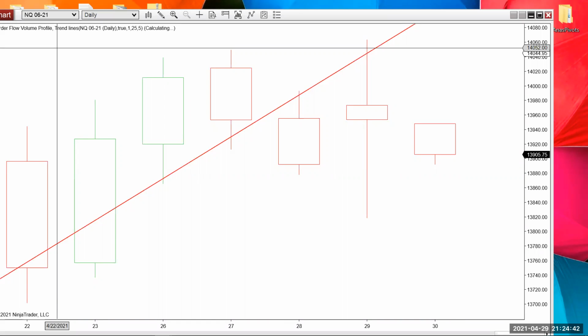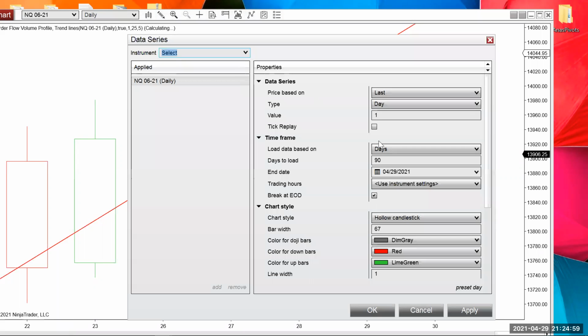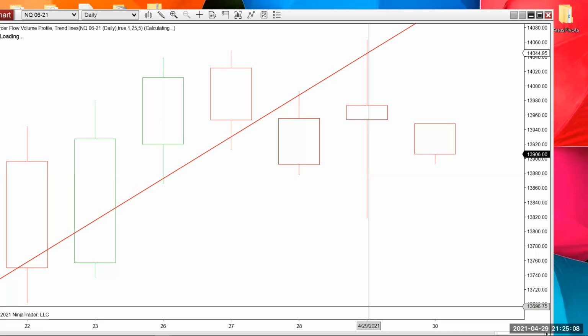I'm hoping it'll come up right away. Change the data series to the 30s, because I think it's downloading a lot of stuff. It's better. There's only like 30 days to count rather than 90 days.